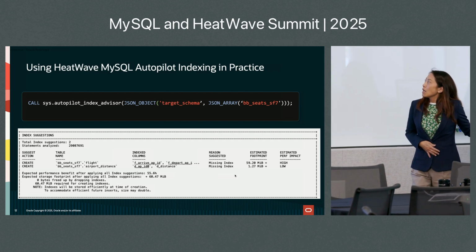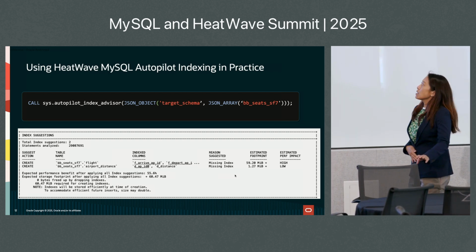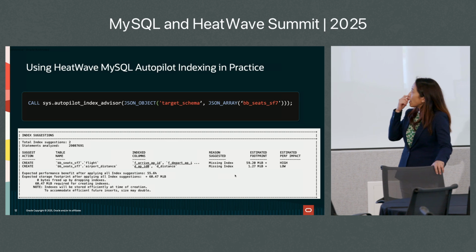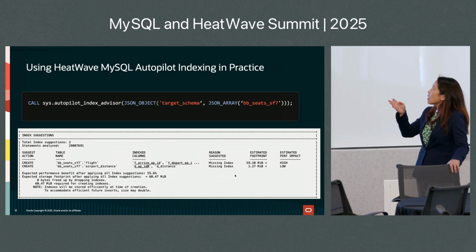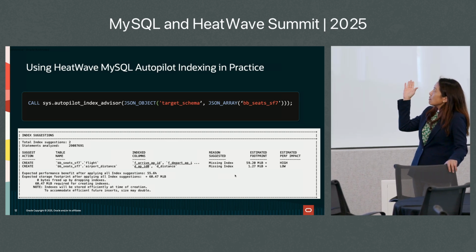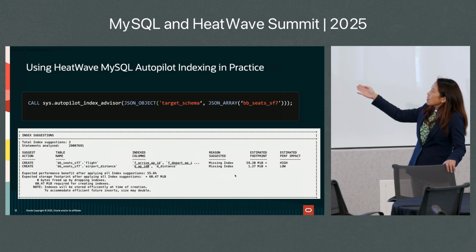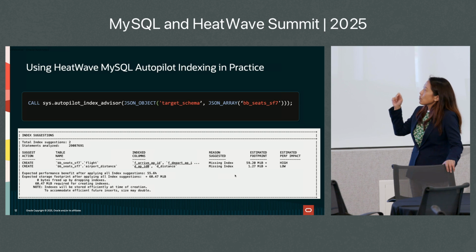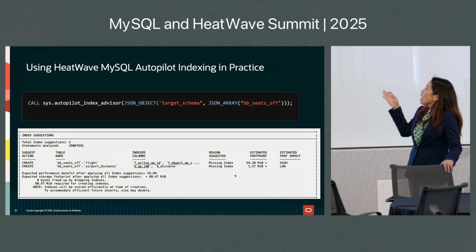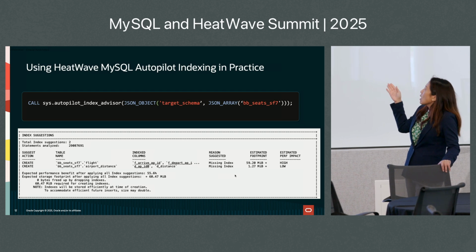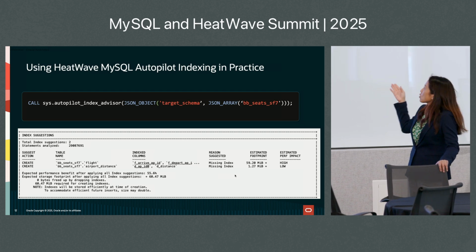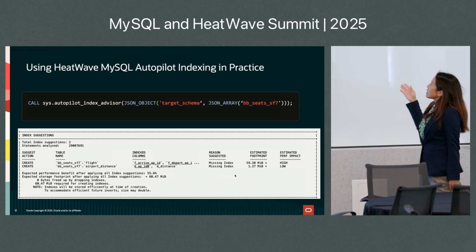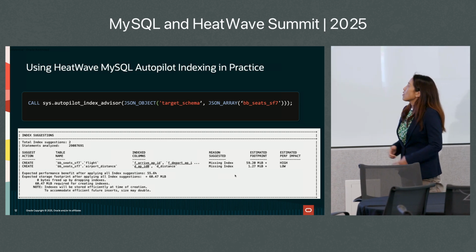If you look at the interface here, it's very simple. It's a stored procedure in MySQL, and you just need to specify the target schema. Here's an example of the result: what are the columns that we are recommending, what's the reason, what is the footprint on the MySQL storage that we may expect, as well as the performance benefit, high or low.